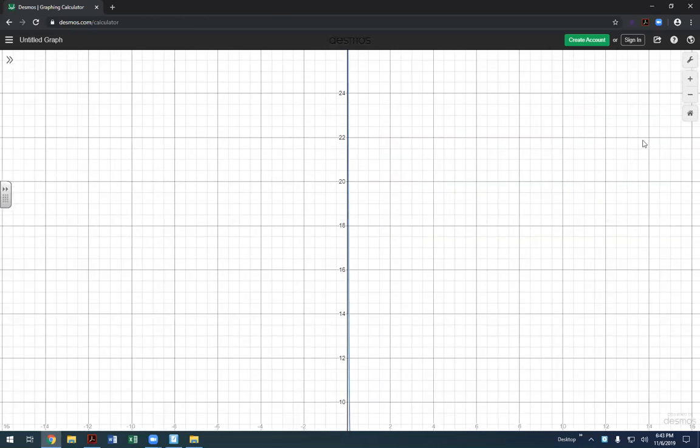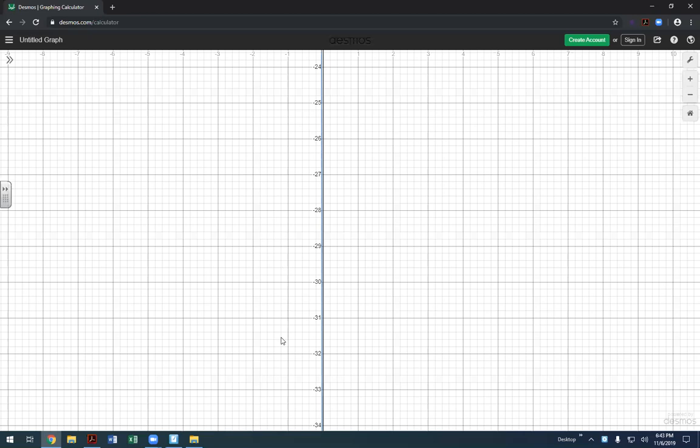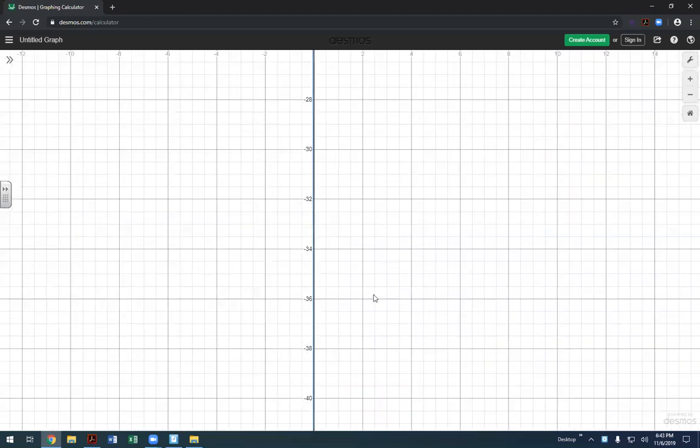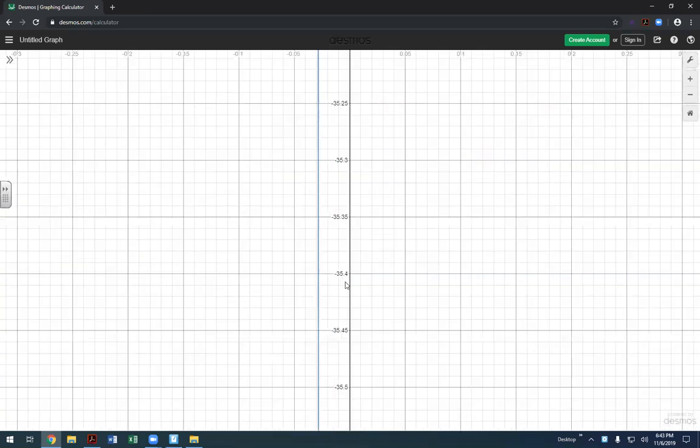Same thing's going to happen on the negative side. So let's go down a little. And again, when you zoom out, it looks like the two lines should be coinciding, but same thing, as you zoom in, you'll notice that these lines are not touching. And you can do this going into 1,000, -10,000, whatever, it's going to have the same behavior.